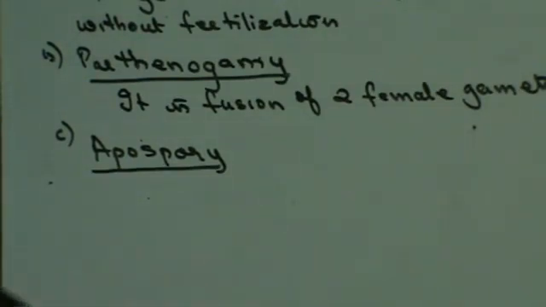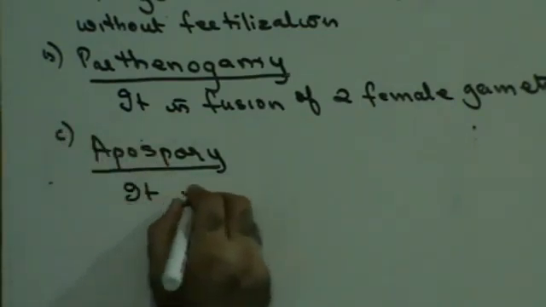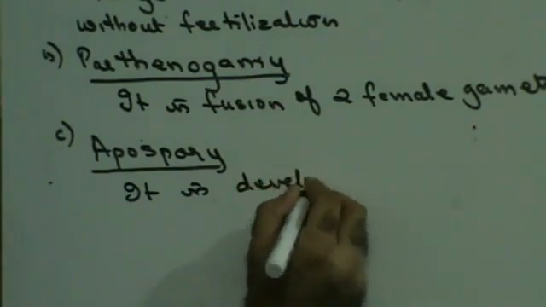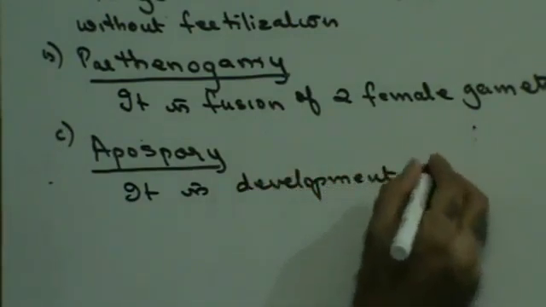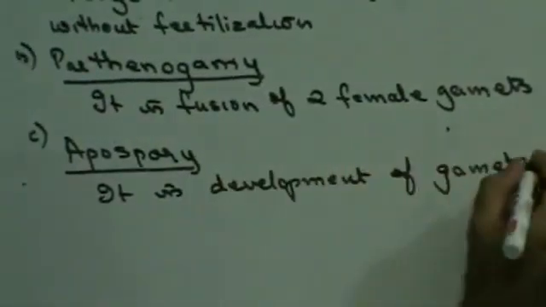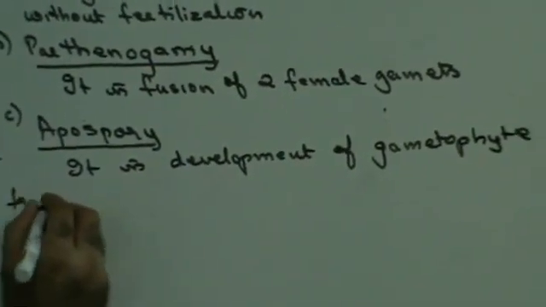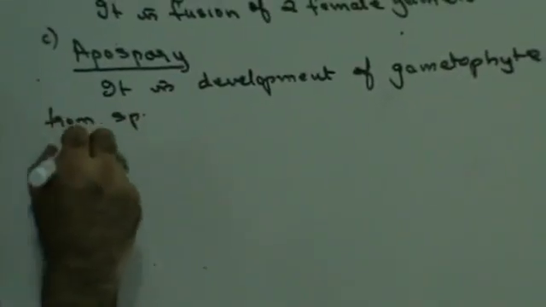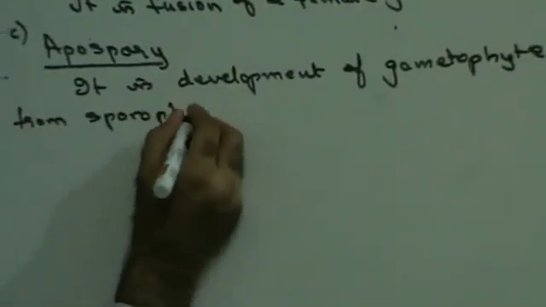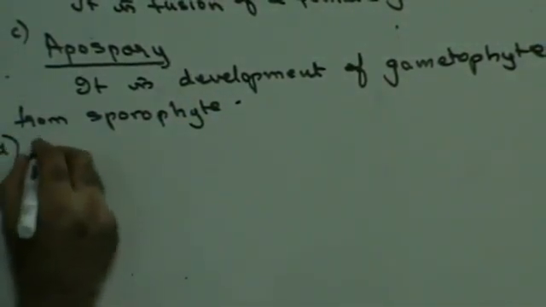So if you had development of the gametophytic generation from the sporophytic generation, then that is called apospory, right? Then you have apogamy.